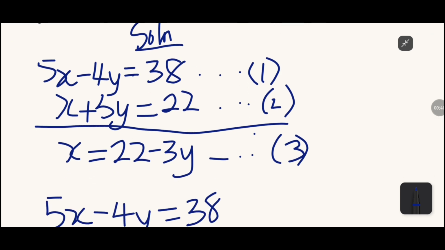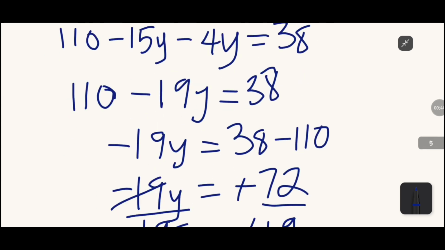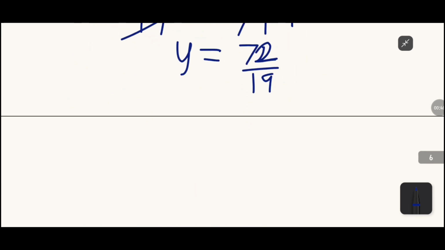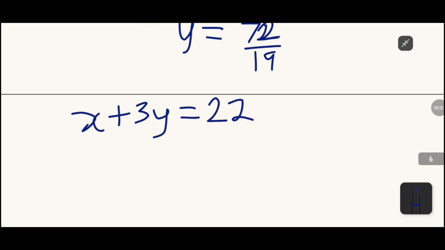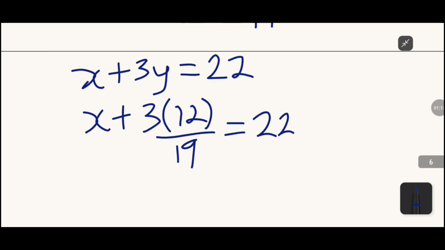So we are going to put it into equation 2, which is x plus 3y equal to 22. So we have x plus 3 into 72 over 19 is equal to 22.